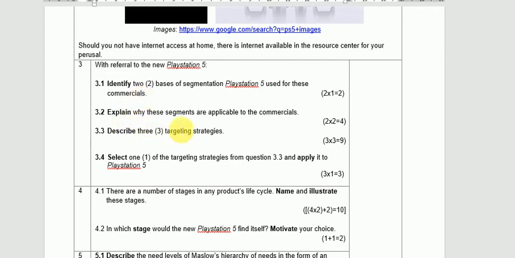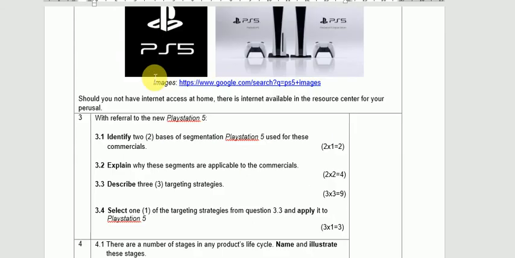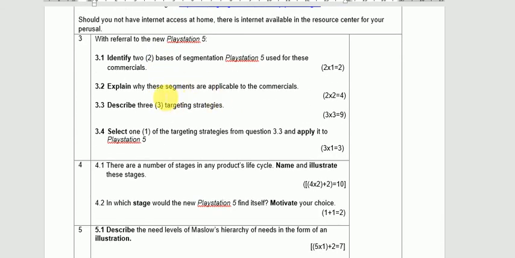3.2, explain why these segments are applicable to the commercials. Now, this is where I want you to apply it to the commercials. I want to know if you've actually watched those 2 videos, to understand and be able to identify the segments that PlayStation is targeting. 3.3, describe 3 targeting strategies.